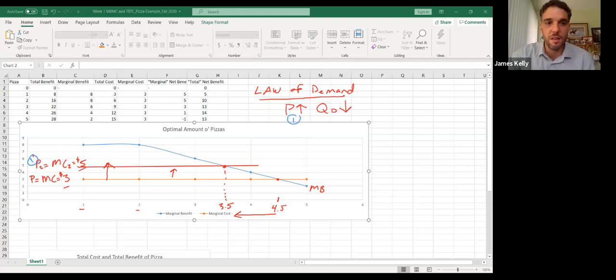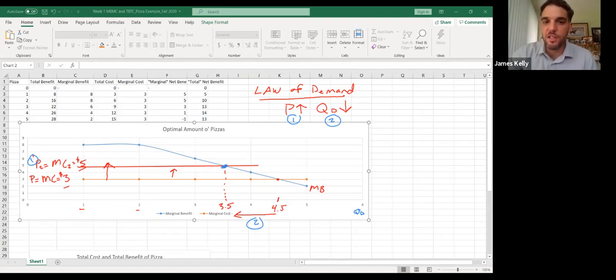What that's done is raise the marginal cost. When the marginal cost of doing an activity increases, people do less of that activity. In this case, it's consuming pizza. Because the marginal cost has gone up, the quantity demanded, as measured on the x-axis, goes down. This is the second piece of the law of demand. Price has gone up, driving up the marginal cost, which drives down the quantity of pizza consumed, because it's now more costly.